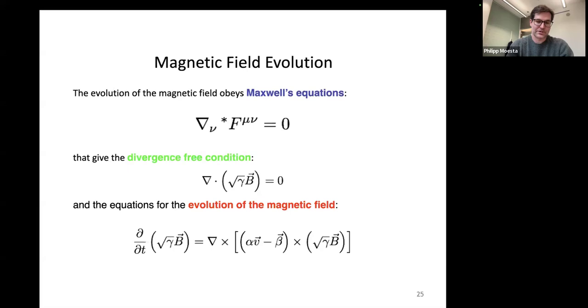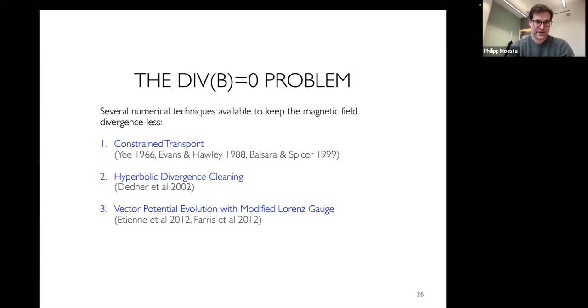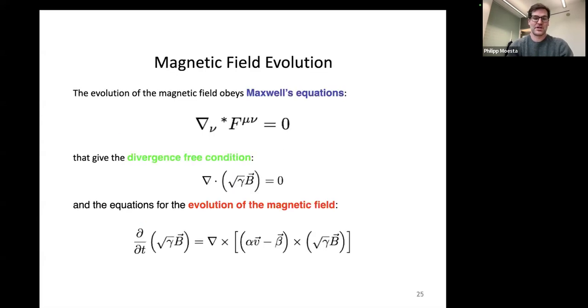So now you think, okay, this divergence-free condition, that doesn't seem to be a big deal. It doesn't look very complicated, but this is actually where most of the complications for solving GRMHD in actual numerics come from. And if you don't do anything, the first approach would just basically be, let's just evolve the magnetic field and hope that our constraint is satisfied and that we don't deviate too much.